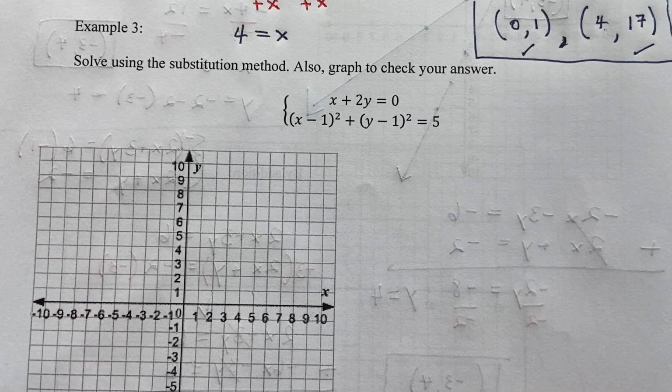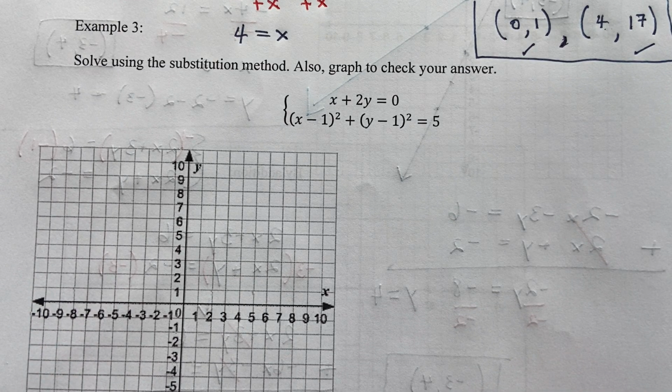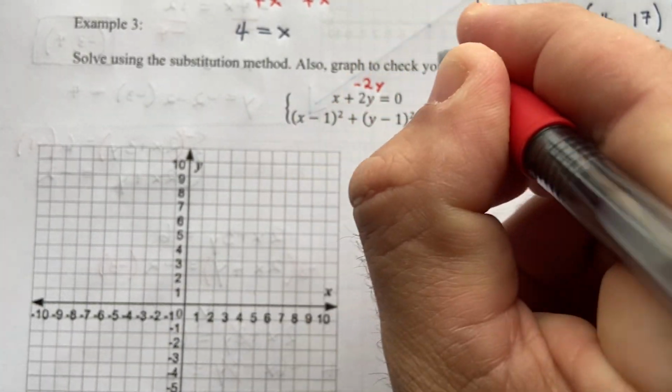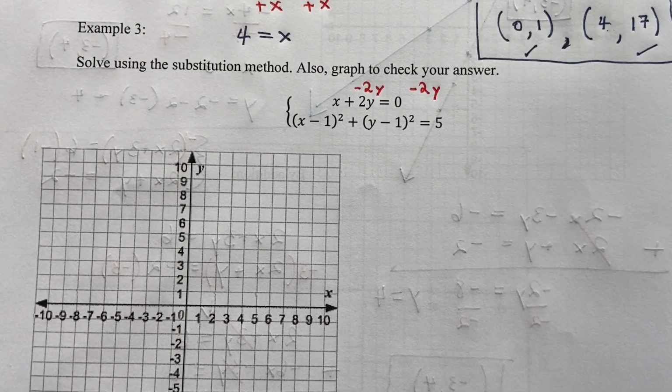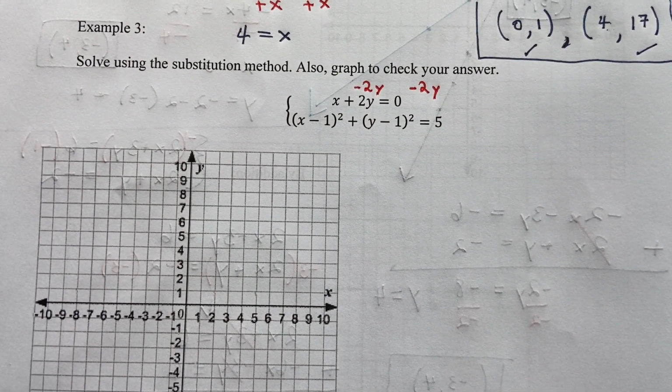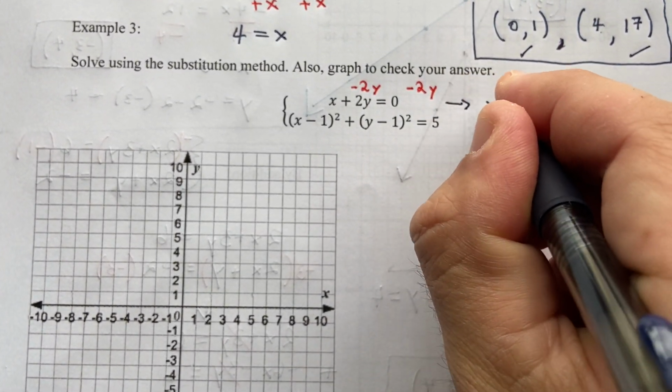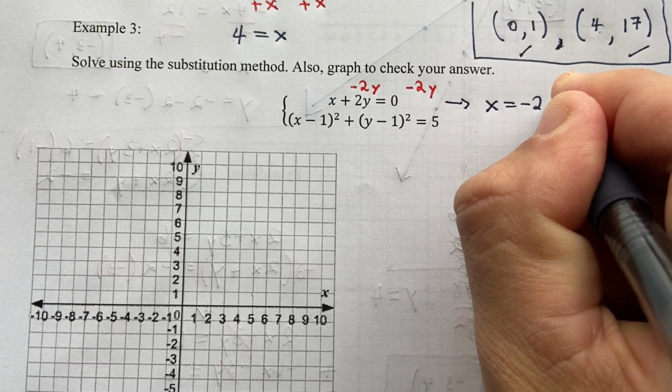Okay, so it says solve using the substitution method, graph to check your answer. All right. So I'm noticing that x is fairly alone. I just need to subtract over this 2y. So we get x equals negative 2y.